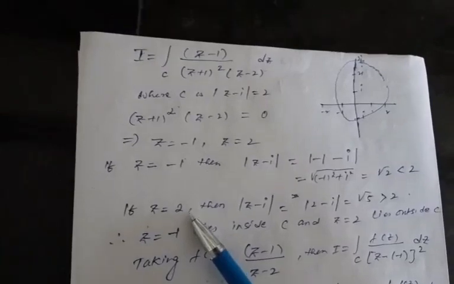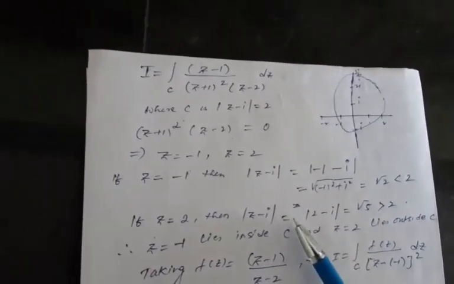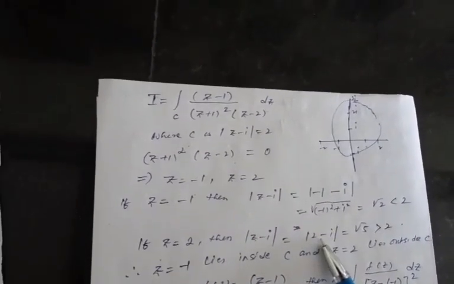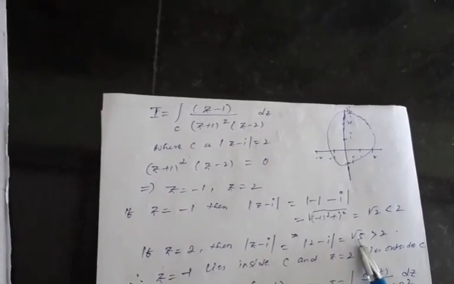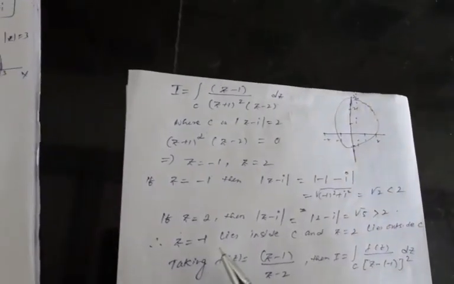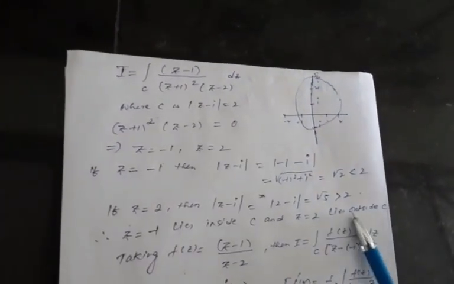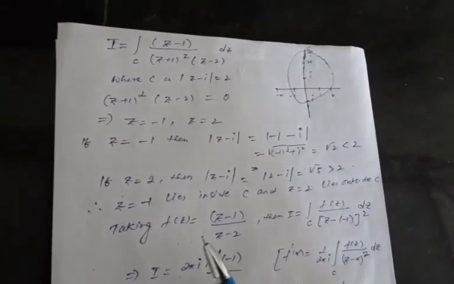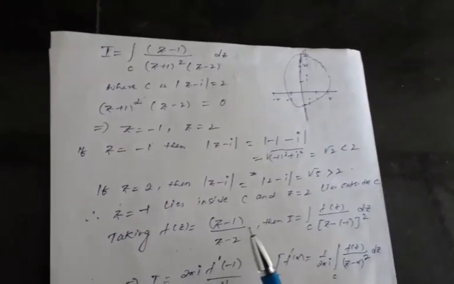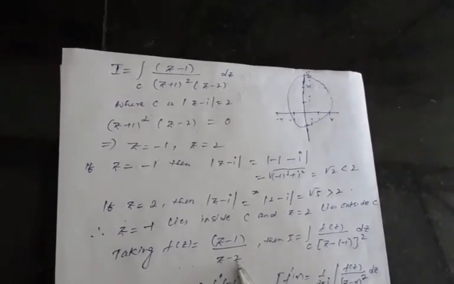Again, when z is equal to 2, then z minus i equals 2 minus i, so mod is under root 2 square plus 1 square, that is root 5, which is greater than 2. Therefore, z equal to minus 1 lies inside C and z equal to 2 lies outside C. So now taking f(z) equal to z minus 1 divided by z minus 2.